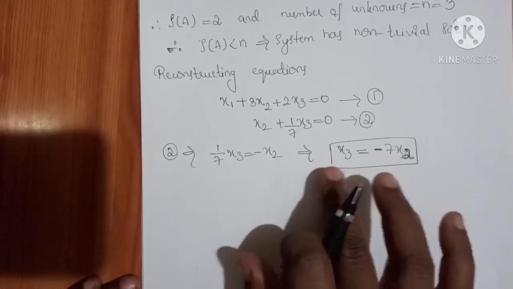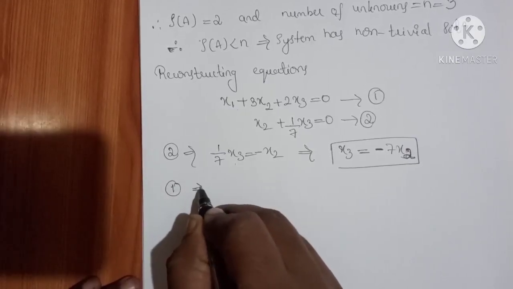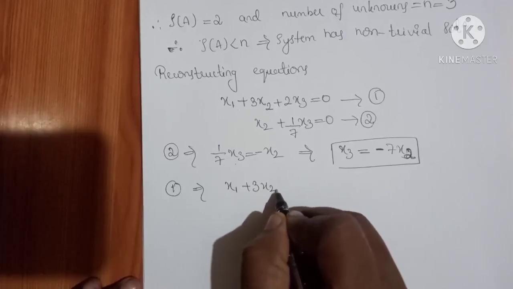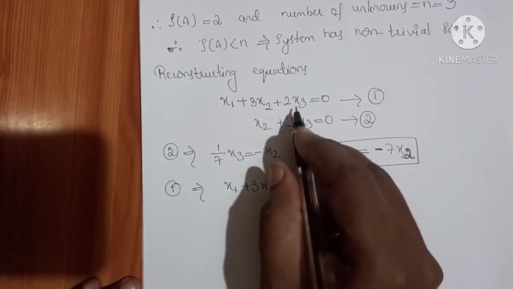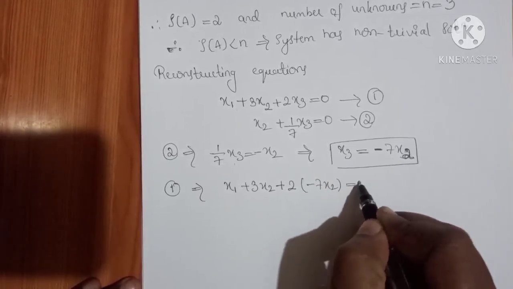Next, equation 1 implies that x1 plus 3x2 as it is plus 2, in the place of x3 I substitute minus 7 into x2 equals 0.